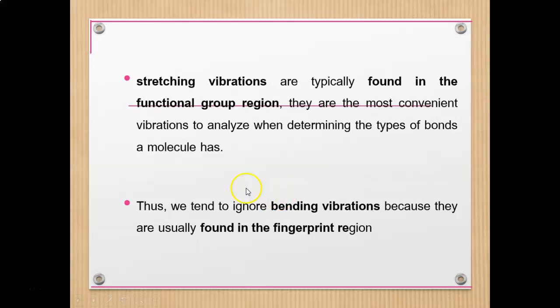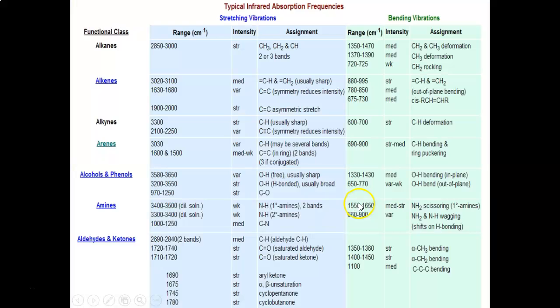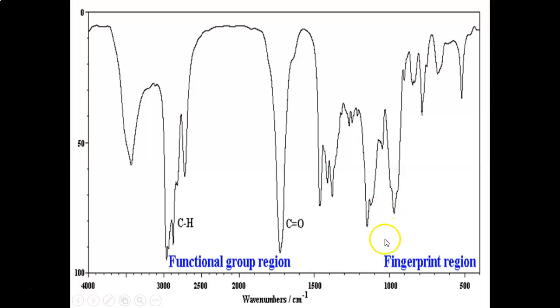They are the most convenient vibrations to analyze when determining the type of bond a molecule has. Thus, we tend to ignore the bending vibrations because they are usually found in the fingerprint region. If you look at this graph, mostly in the fingerprint region the atoms have a bending motion, while in the functional group region the atoms mostly move as a stretching.